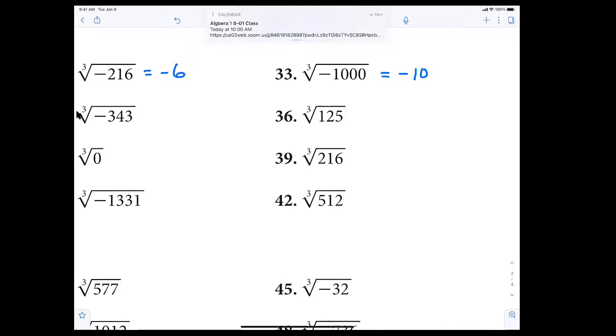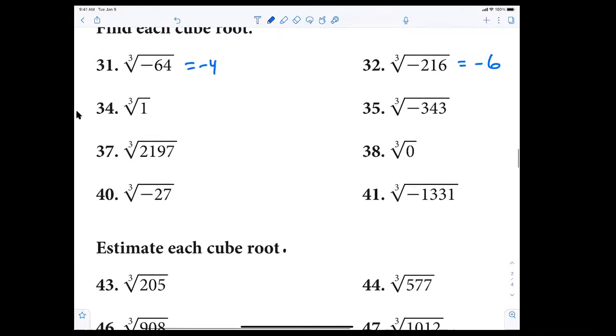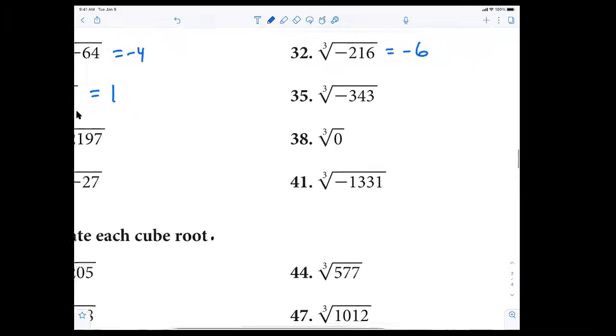Then the cube root of that. We do 1 divided by 3. The power of 1 over 3 is negative 10. Yeah, that was the cube root of 1, Austin. The cube root of 1 is 1.